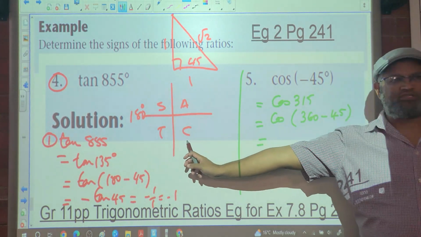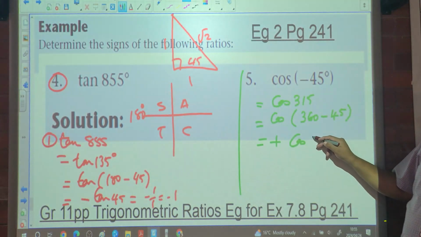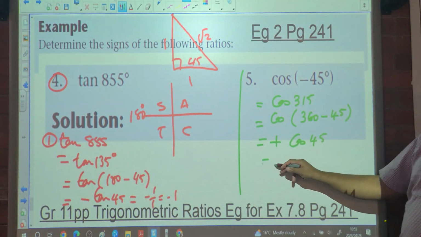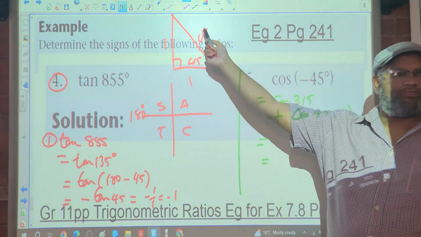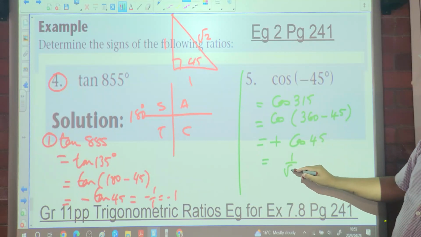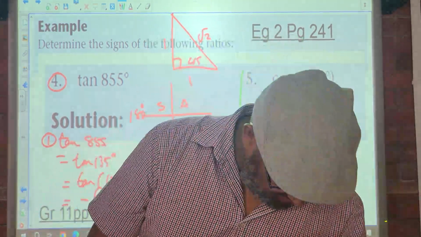As we see, it's in the fourth quadrant. Is cos positive or negative? Positive. Cos 45, special angle. Cos is adjacent over hypotenuse. It is 1 over root 2.